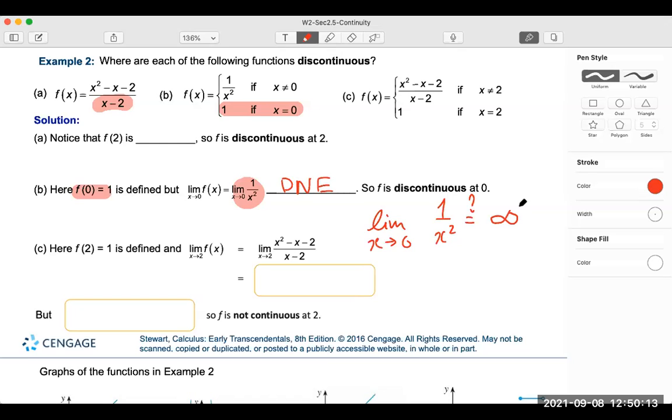Yes, it goes to infinity, or it is equivalent to say that it does not exist, because a limit exists when it converges to a specific number, for example 2, 1, 3, or 1,000, whatever, but it should be a specific number. But here, it doesn't, right? So it violates which item of the definition?